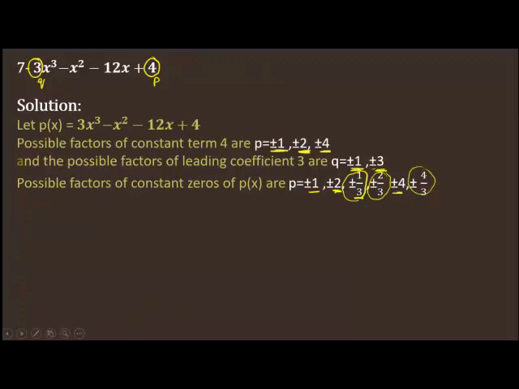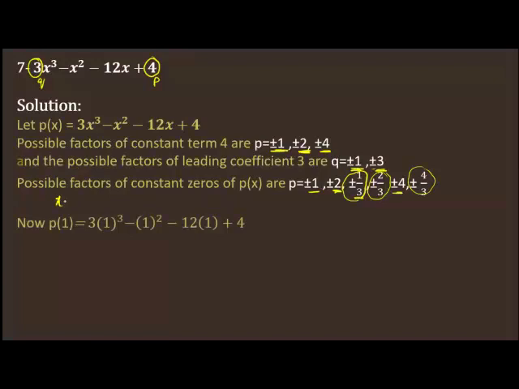So these are the factors. From these factors, we can find P of x equal to 0. Otherwise, we cannot find. So we will put these values instead of x in the given polynomial one by one. Look.